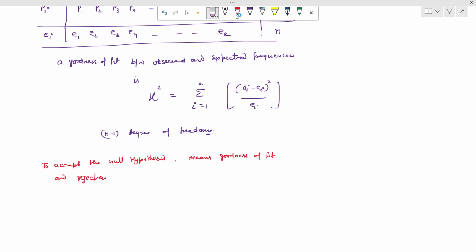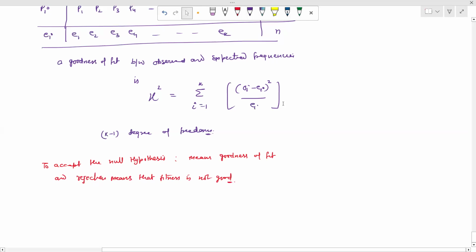Null hypothesis. So rejection means that the fitness is not good. So for acceptance or rejection, here we take k minus 1.